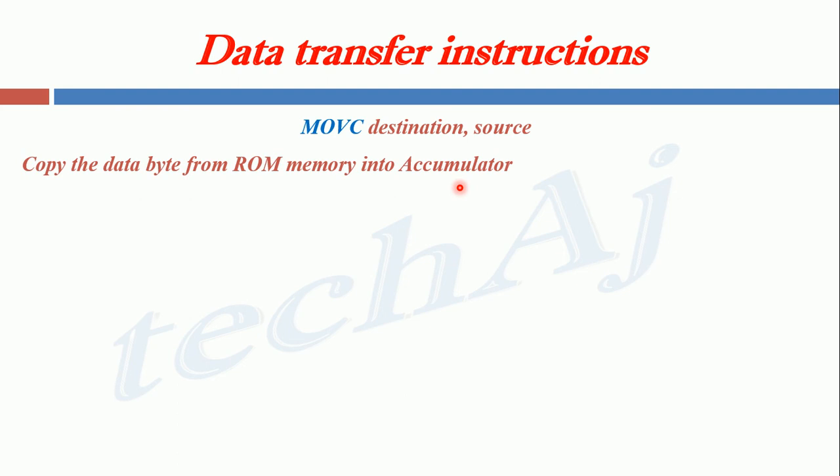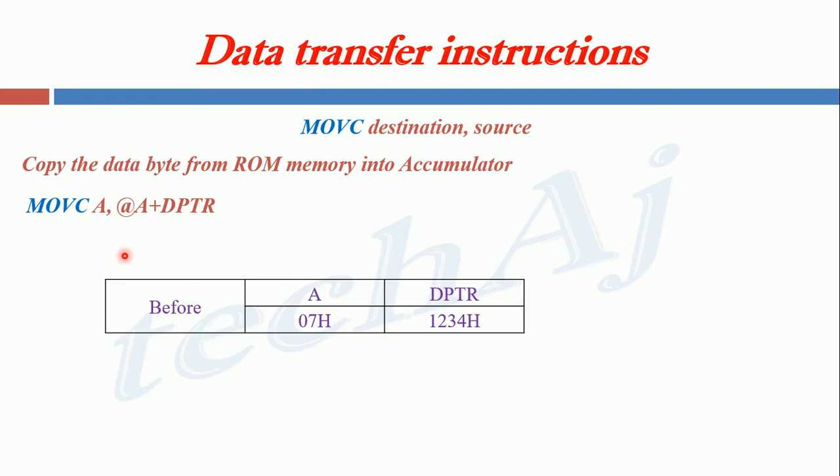Let us take the first instruction, MOVC A, @A+DPTR. Now in this instruction, A plus dptr will form an address, and from that address the data is copied into the accumulator. For example, suppose A has the value 07h and dptr has the value 1234h.